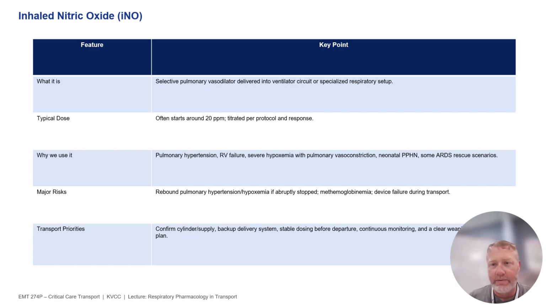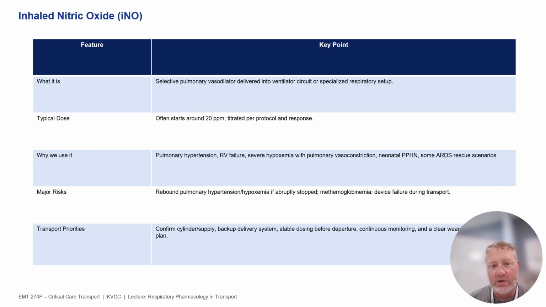The drug itself is straightforward. It's a selective pulmonary vasodilator that dilates vessels in ventilated lung segments, which improves oxygenation and reduces pulmonary vascular resistance, or PVR. We typically start around 20 parts per million and then titrate from there.